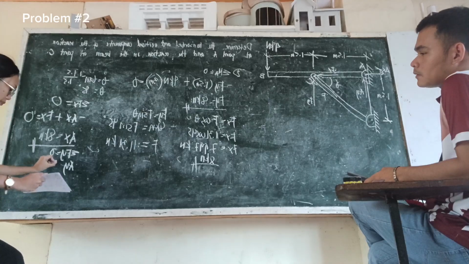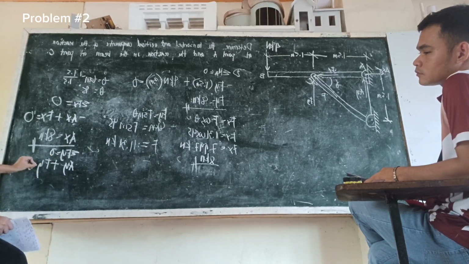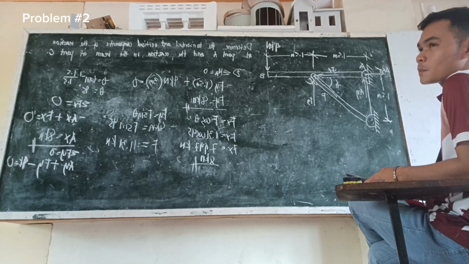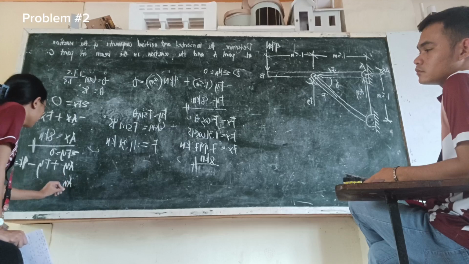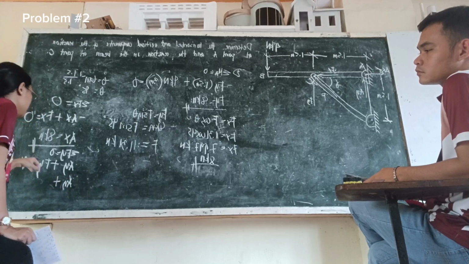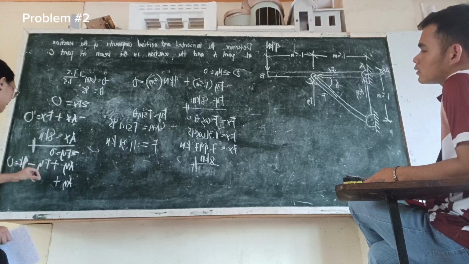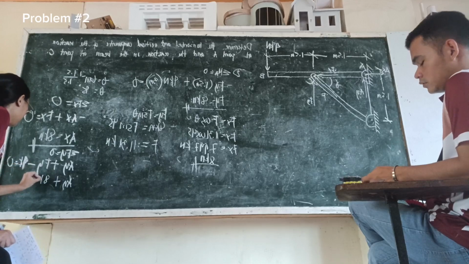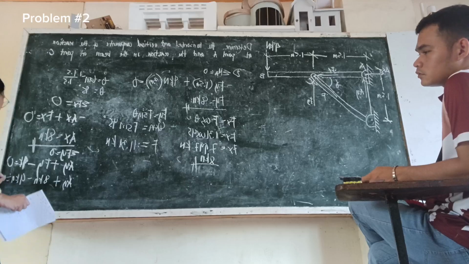So Ay plus Fy minus 4 kN is equal to 0. To get the value of Ay, we substitute the value of Fy, which is 8 kN, minus 4 kN is equal to 0.